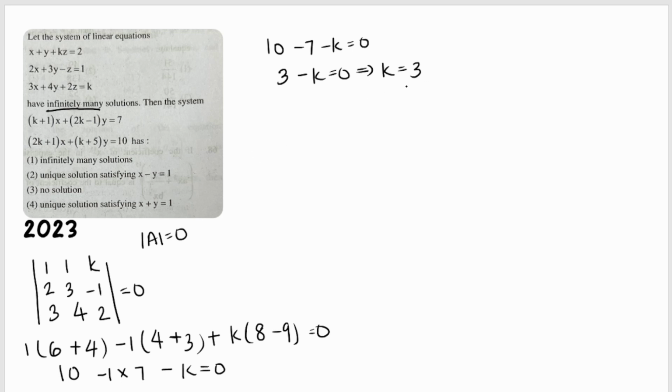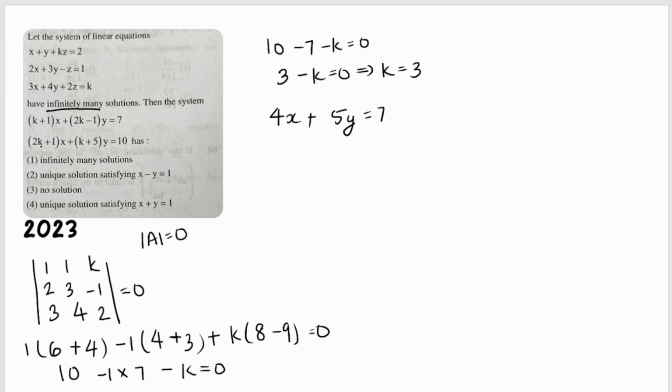Now we'll substitute k equal to 3 in these equations. So the first equation is k plus 1, that is 3 plus 1, that is 4x. Then you have 2k minus 1, that is 3 into 2 is 6, 6 minus 1 is 5. 5y equals 7.